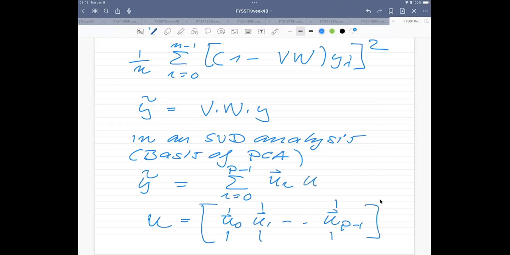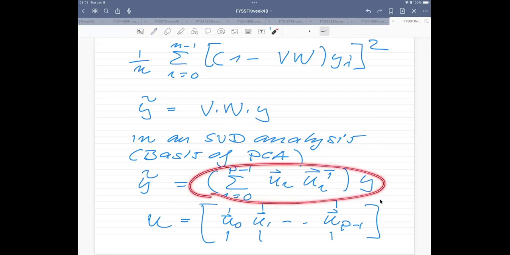And then we have a u_i transposed multiplied with Y. What you see now is that mathematically, this is what we get from the PCA analysis, or based on the SVD. And this expression here should be the same as this expression here, when we are setting up the mathematical equivalence.